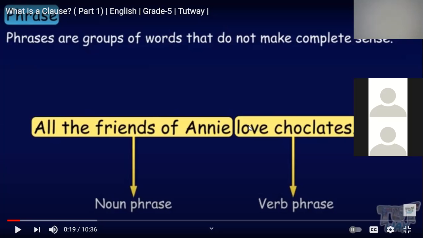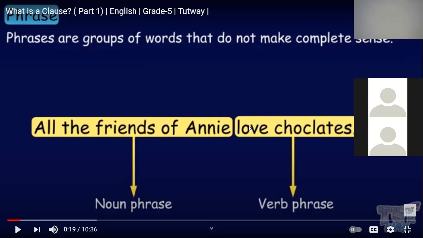It does not give me a meaningful sense. Okay, so all the friends of Anna love chocolates. Right now, it's a full sentence, fully meaningful. Meaningful means it is a complete sense, a complete idea.